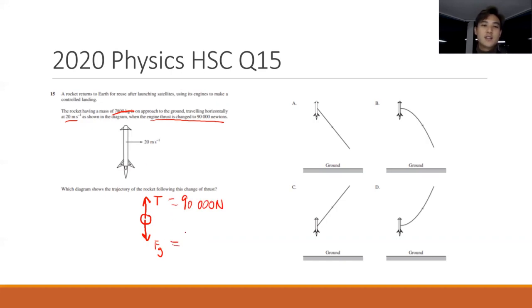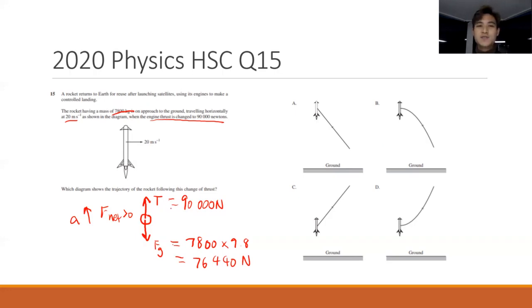Fg is going to be determined by mg, m being 7,800 and g being 9.8. We get a result of 76,440 newtons. So this tells us our net force is going to be up the page, giving us an acceleration by Newton's second law, also in that same direction.